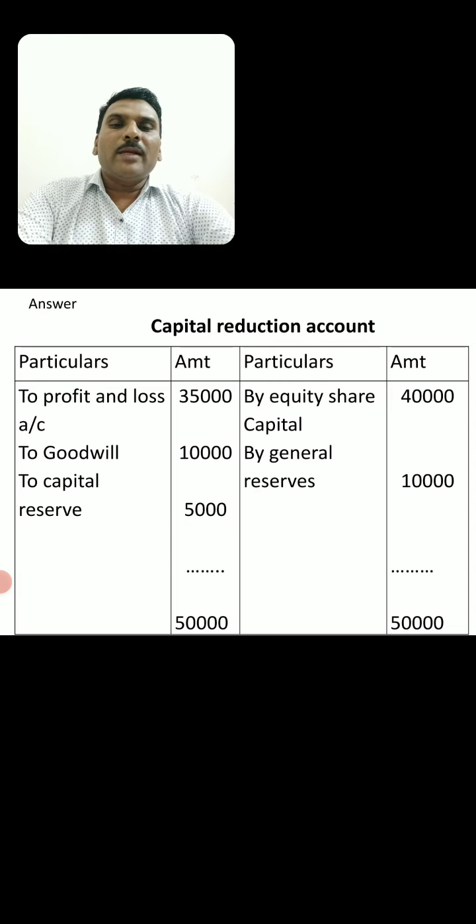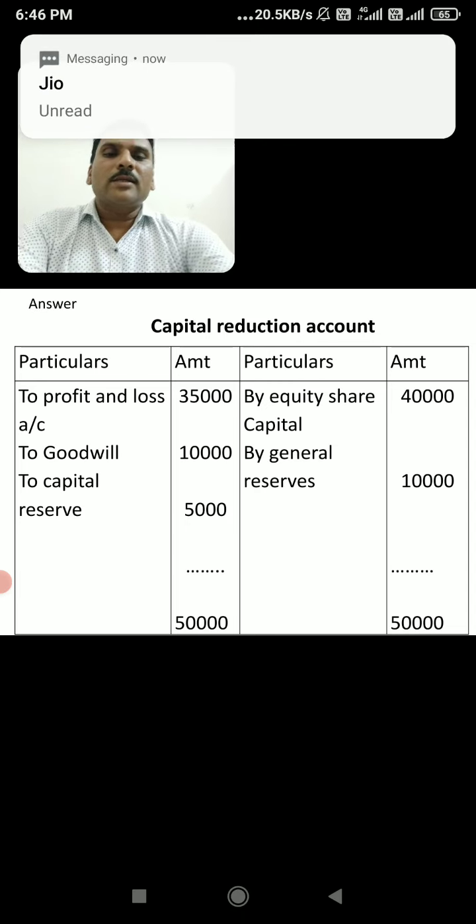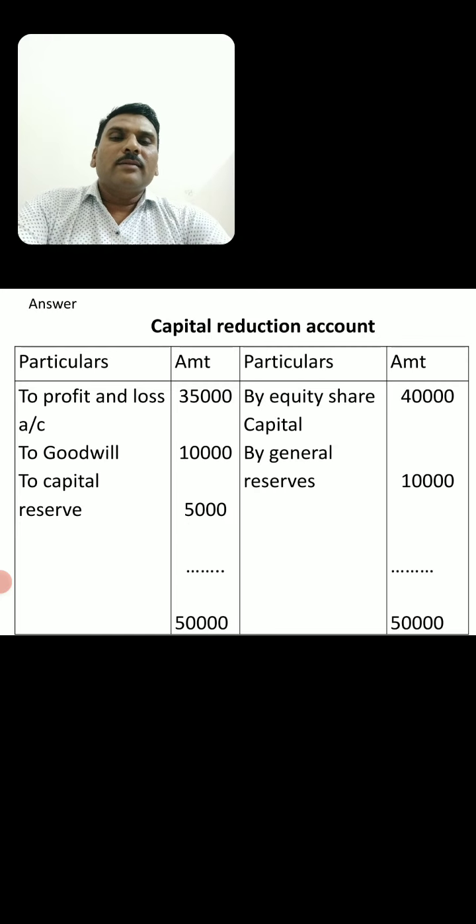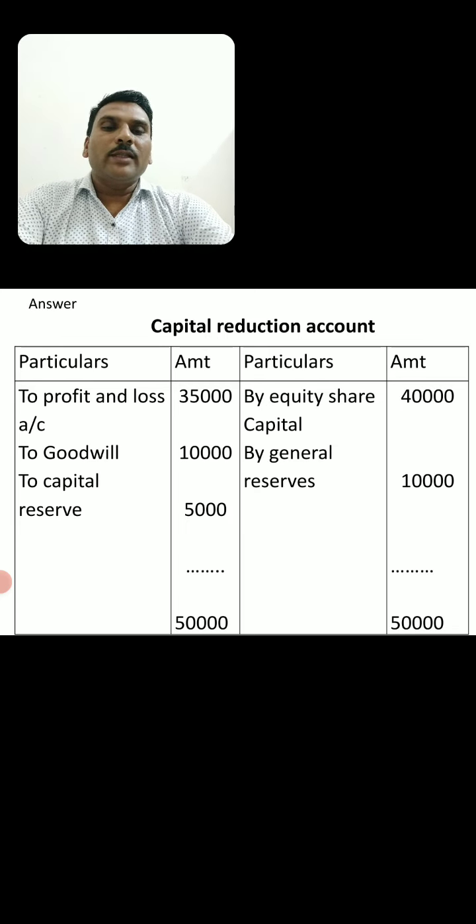The capital reduction account is prepared by transferring the sacrifice made by the shareholders on the credit side. The equity share capital sacrificed by the shareholders is 40,000 and the general reserve is rupees 10,000.